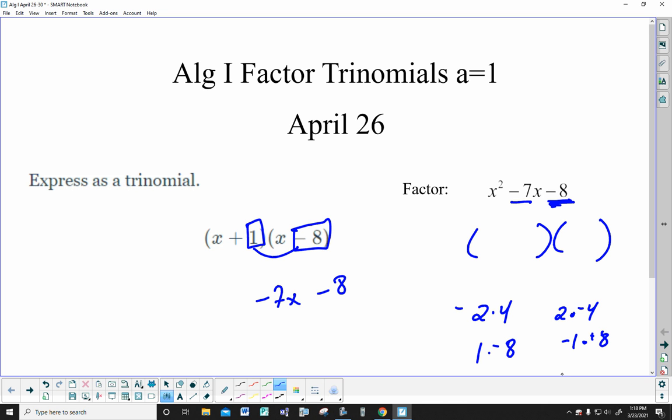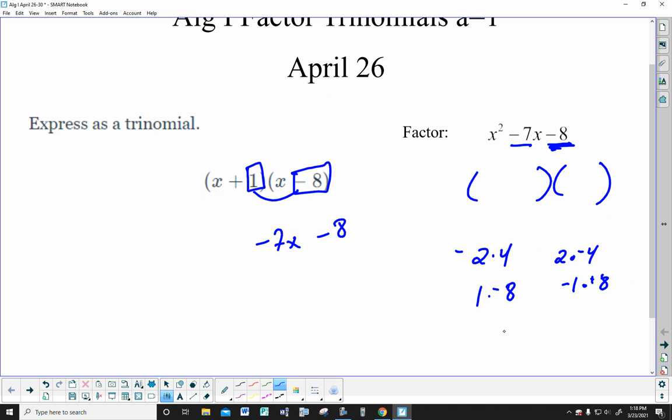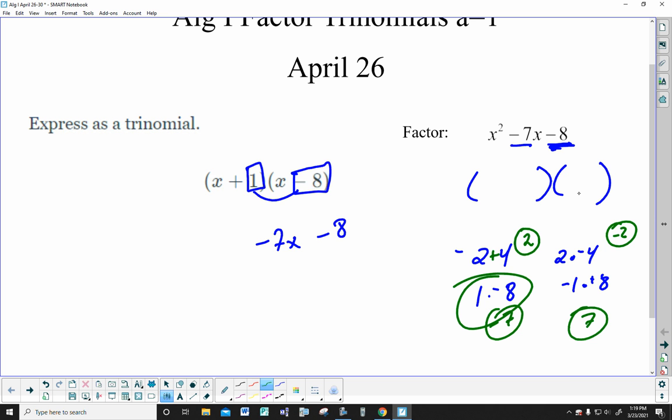All of these will multiply to negative 8. But if you add this, you get 2. If you add this, you get negative 2. If you add this, you get negative 7. If you add this, you get 7. This is the only one that will multiply to negative 8 but add to negative 7.